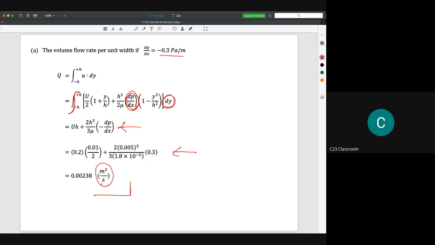Normally flow rate Q is in meter cubed per second, but in this situation they want the flow rate per unit width, which means we already divided by the width. So now the unit for flow rate becomes meter squared per second.